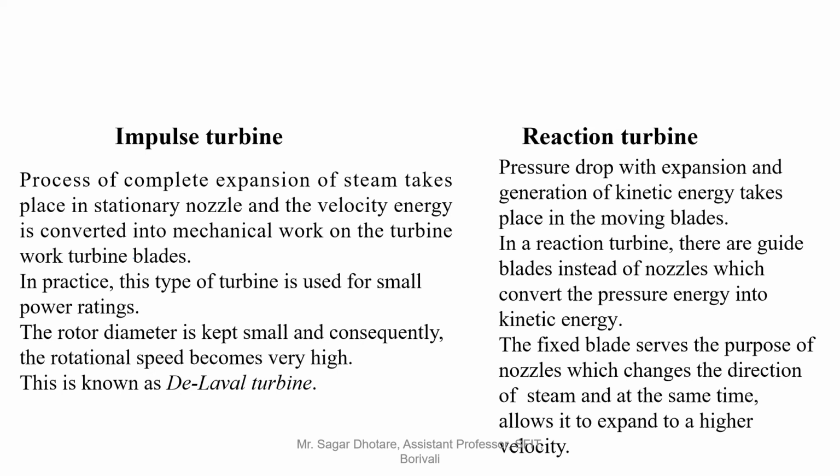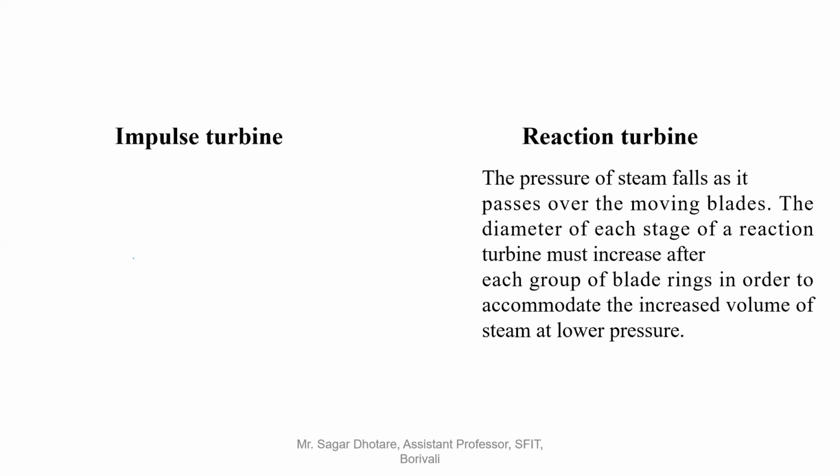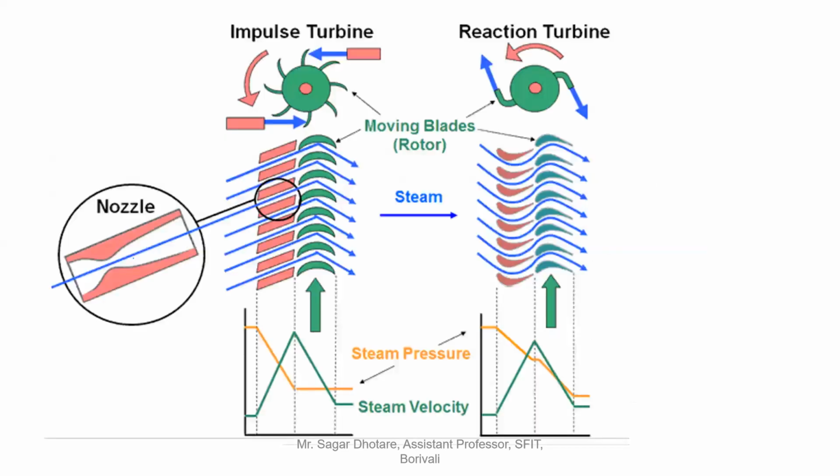An example of an impulse turbine is the level turbine, and the reaction turbine is what we are going to be studying further. Now, you can simply see the action of the impulse turbine and the reaction turbine.